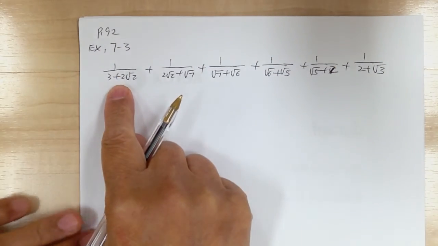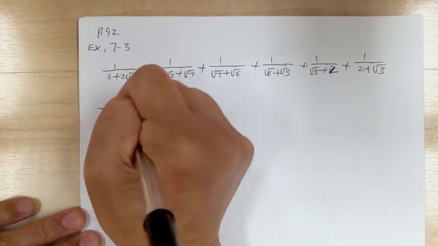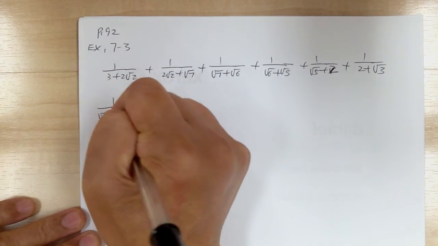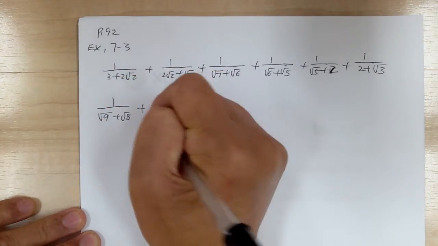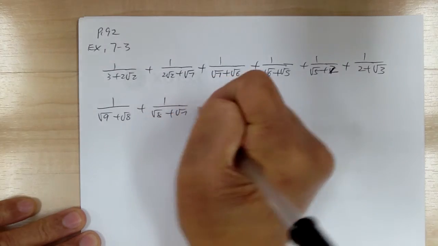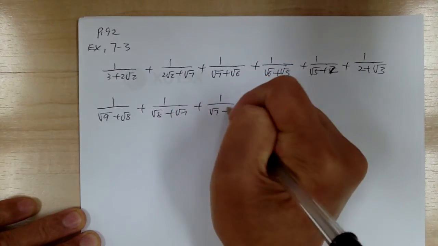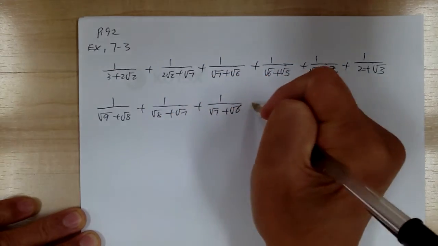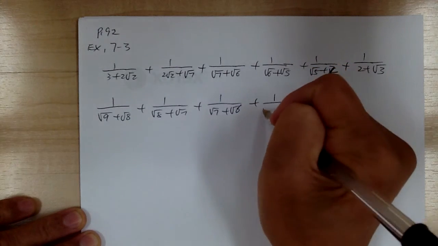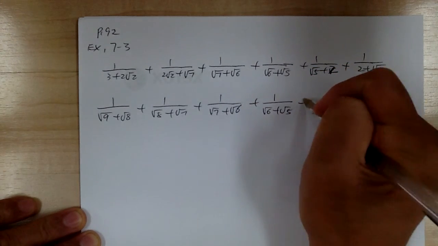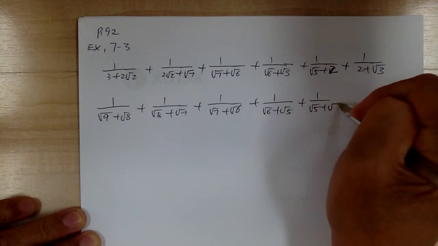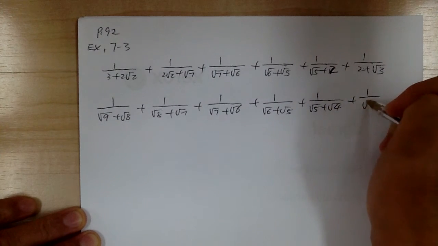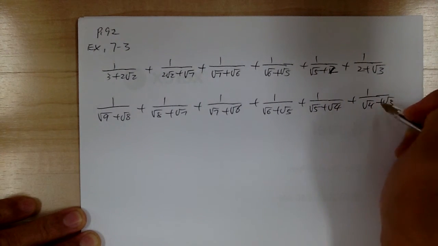So if you put everything into the square root, this is 1 over (square root of 9 plus square root of 8) plus 1 over (square root of 8 plus square root of 7) plus 1 over (square root of 7 plus square root of 6) plus 1 over (square root of 6 plus square root of 5) plus 1 over (square root of 5 plus square root of 4) plus 1 over (square root of 4 plus square root of 3).